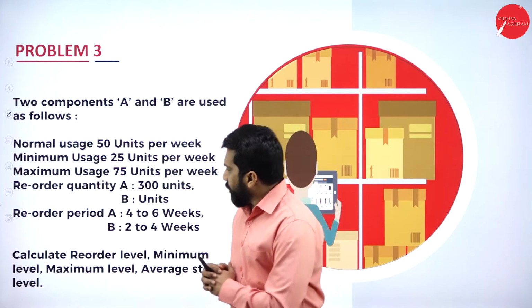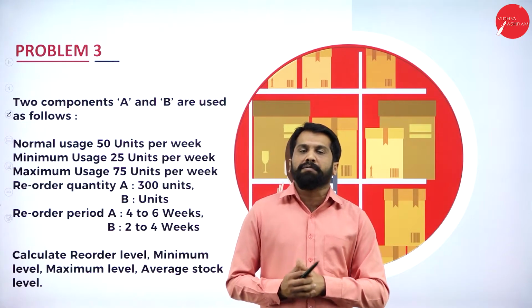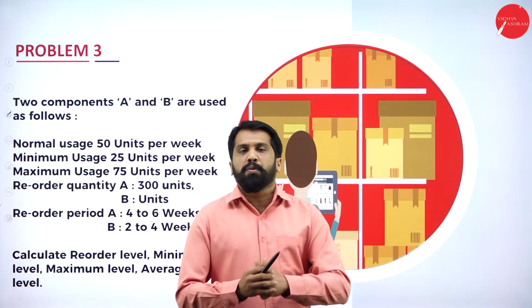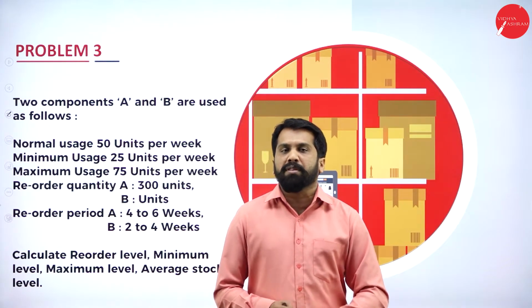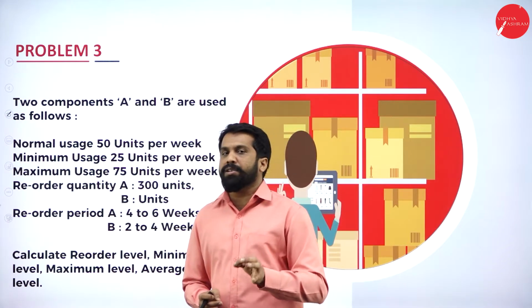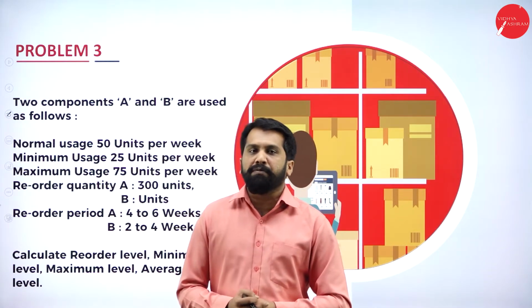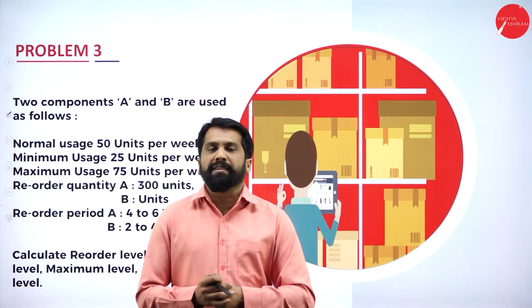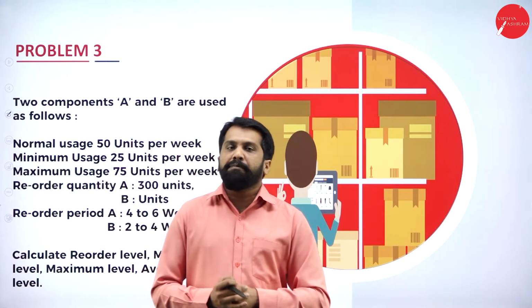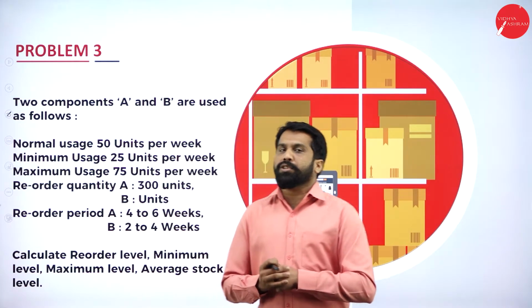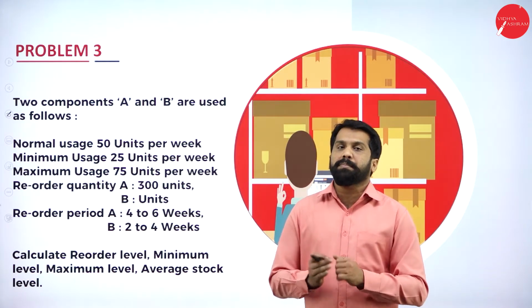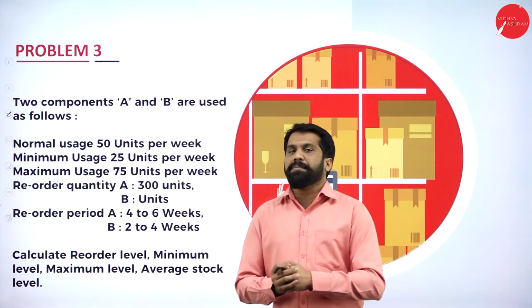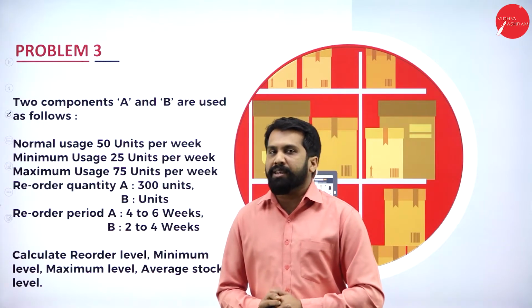My suggestion: take a screenshot of this question and, without seeing the answer, write down the same formulas you used in the previous problem and try to solve it. We'll see whether you get the right answer or not. If you go wrong, no issue. The answer is already on the screen. You can match it, and if there are any mistakes, you can correct them.